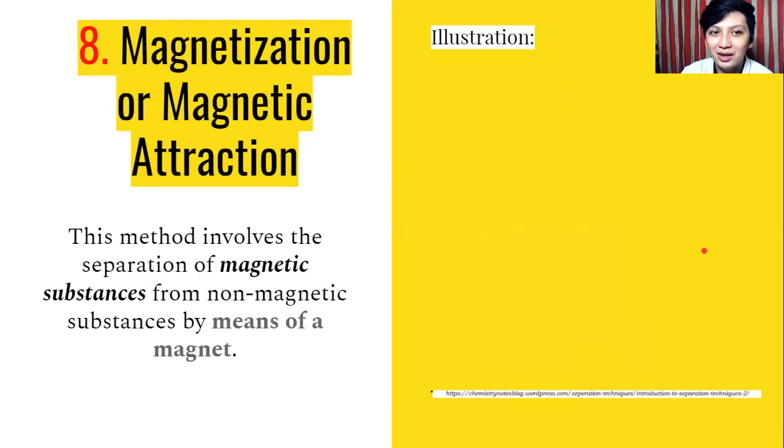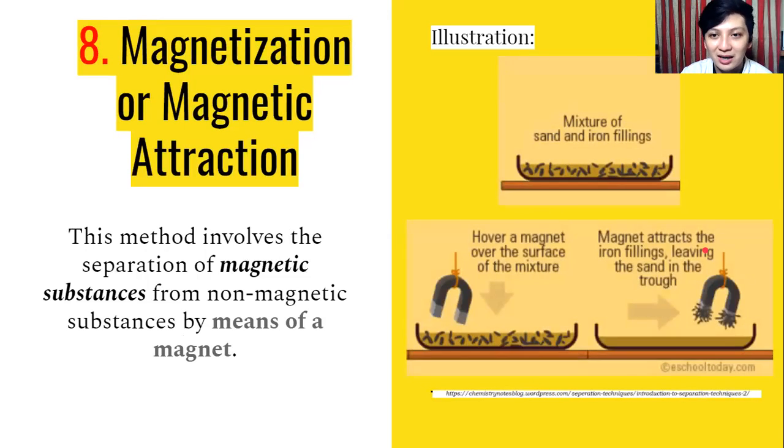And then number 8, we have magnetization or magnetic attraction. This method involves the separation of magnetic substances from non-magnetic substances by means of a magnet. As simple as that. We have here the mixture of sand and iron filings, and then we use a magnet to separate the nails or the iron filings from the sand.